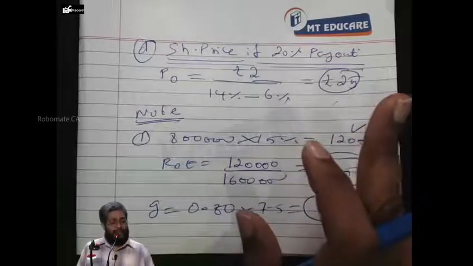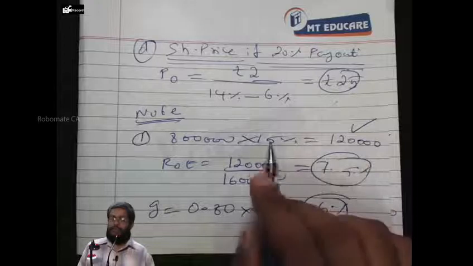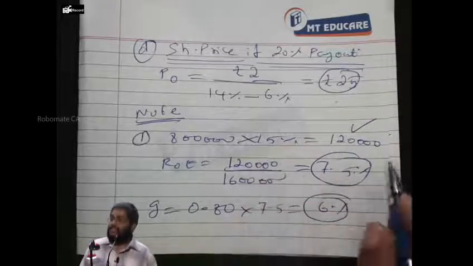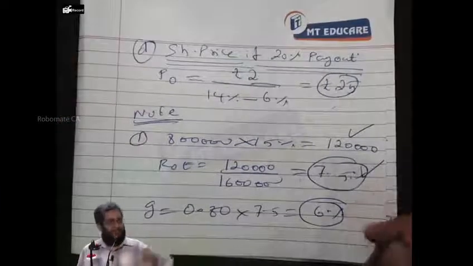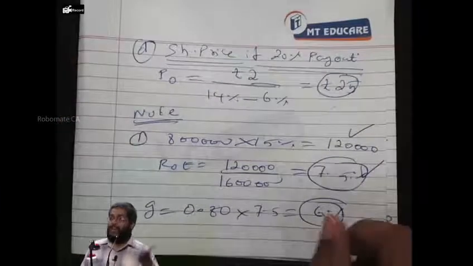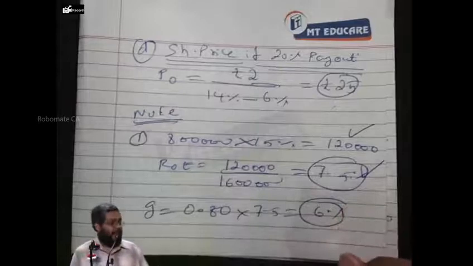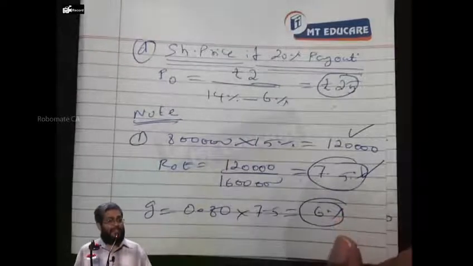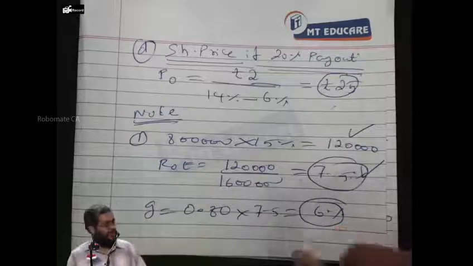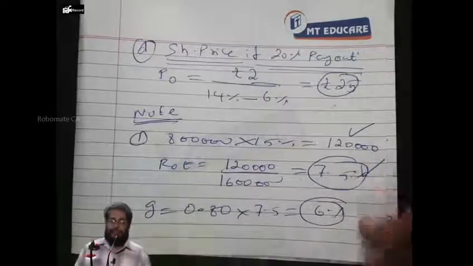The money with me is 16 lakhs. 1 lakh 20,000 divided by 16 lakhs is equal to 7.5%. They are keeping the money to earn 7.5%? They wanted 14%, and you are giving them only 7.5%, almost half. Yes or no? That's why the share price has dropped by 50 rupees. So it is going to be 7.5%.